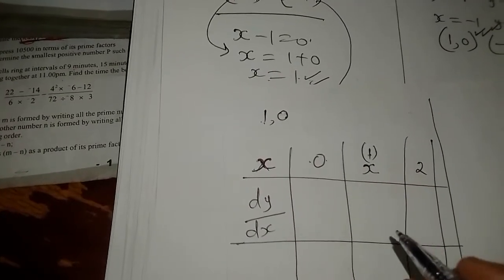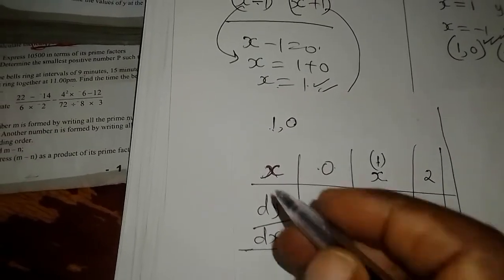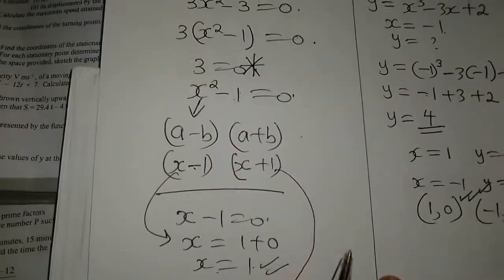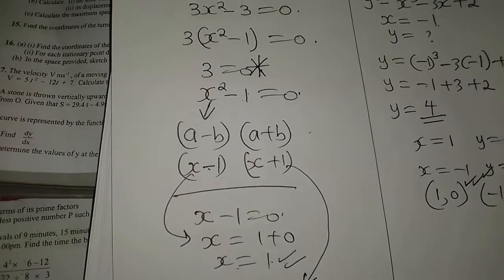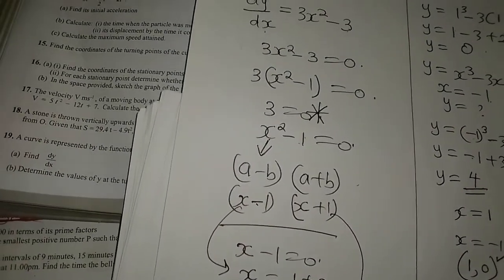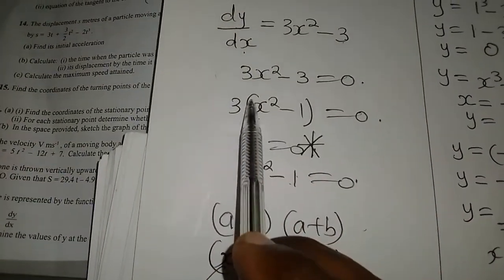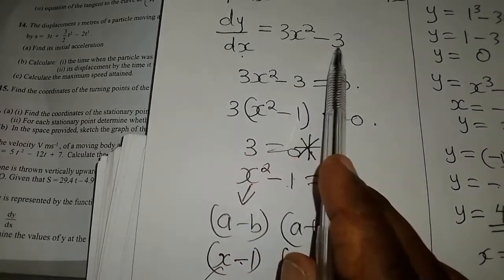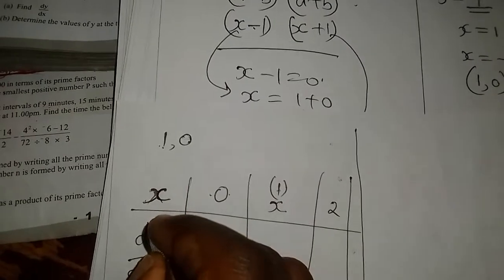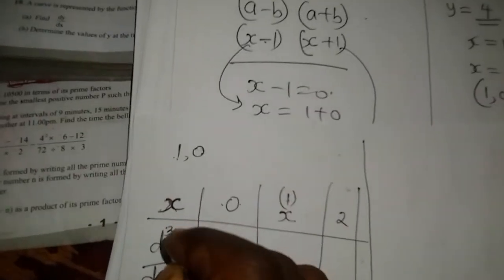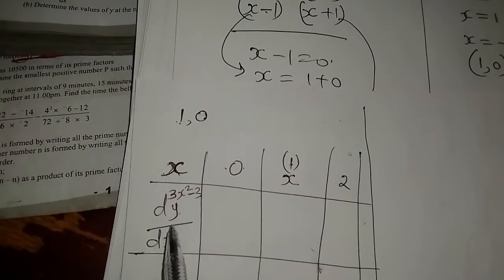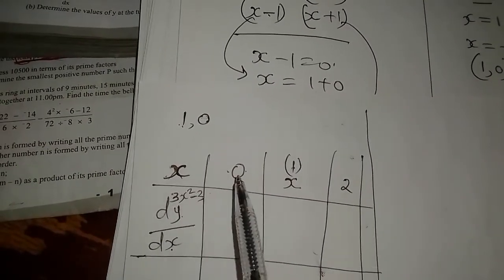Now our dy/dx, as far as the equation was concerned, was this one here. Let me just show you. We got our dy/dx as 3x squared minus 3. So we are supposed to have 3x squared minus 3 as our dy/dx.